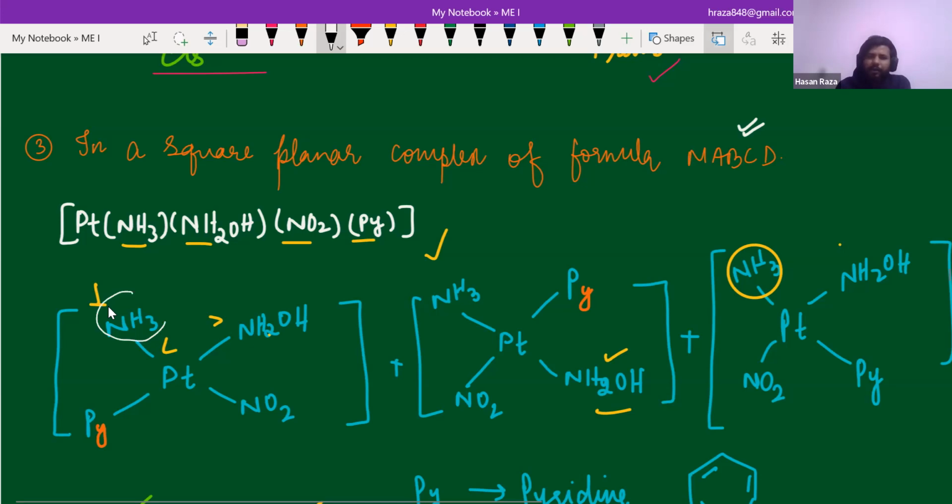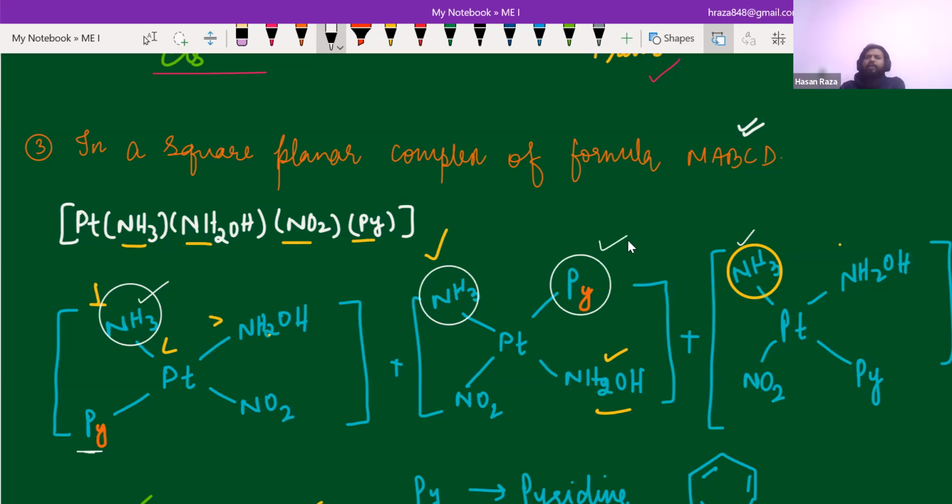So this is NH3, NH3 here also, and now you rotate PY here, and rotate it again and make it here. So there will be three possible isomers in this type of case. Are you getting my point? If it is a square planar complex having four different ligands, it will have three isomers. Okay. Yes, sir.